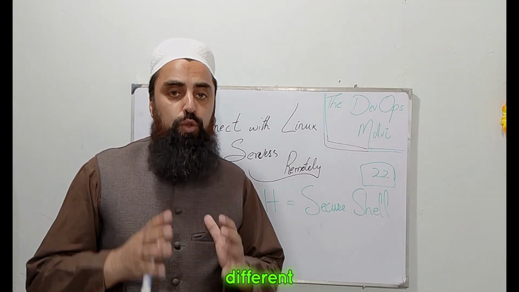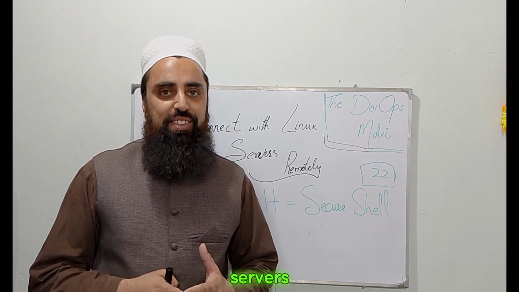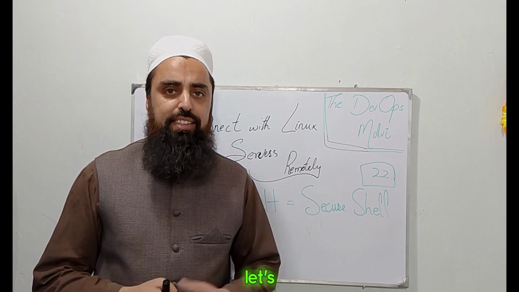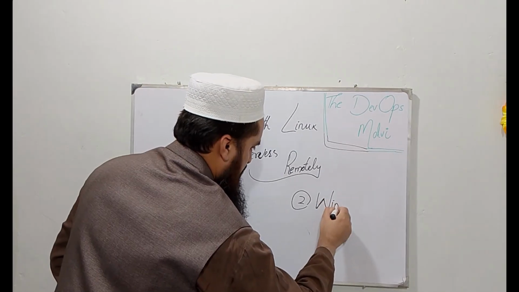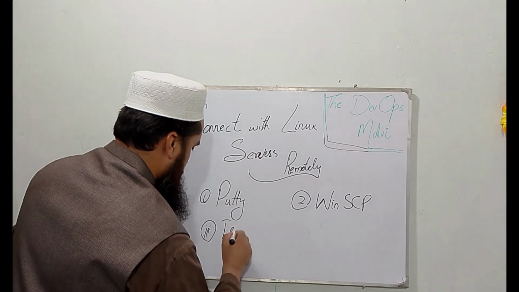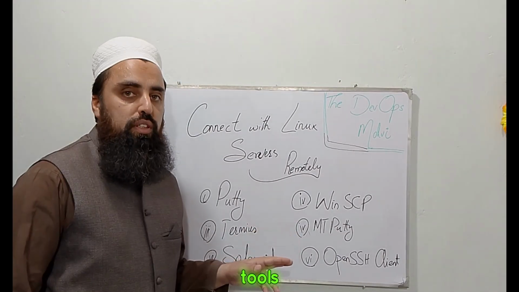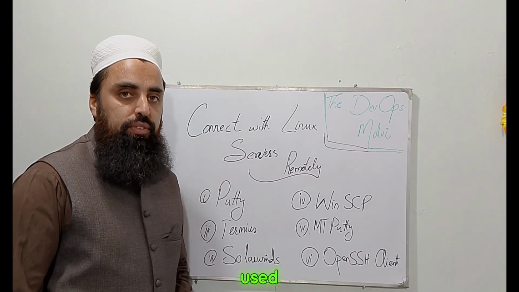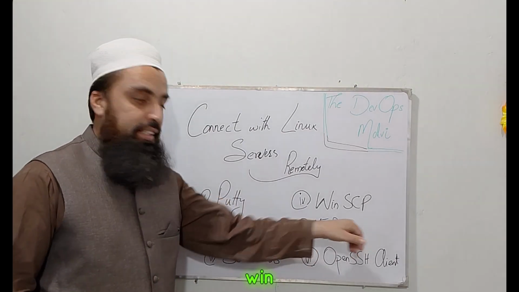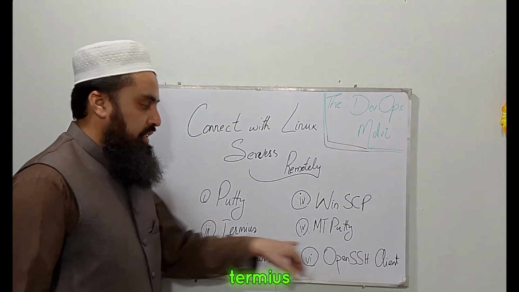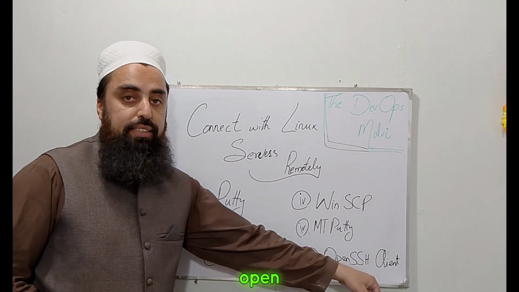But there are different tools that we use to connect remotely with the servers. Which tools are they? Let's discuss them. These are 6 different tools or software that are used to connect with our servers remotely: PuTTY, WinSCP, Termius, MTPuTTY, SolarWinds, and OpenSSH client.